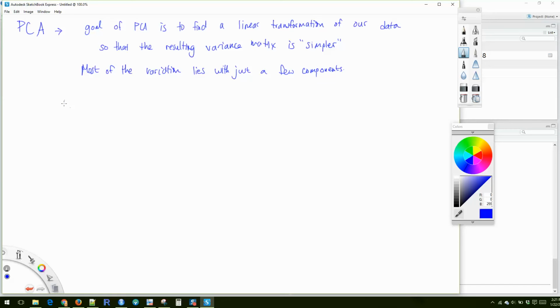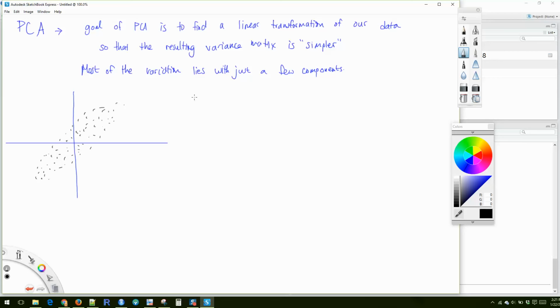Okay, so we could have two-dimensional data, and maybe we have something that looks like this. We've got a kind of cloud of points.